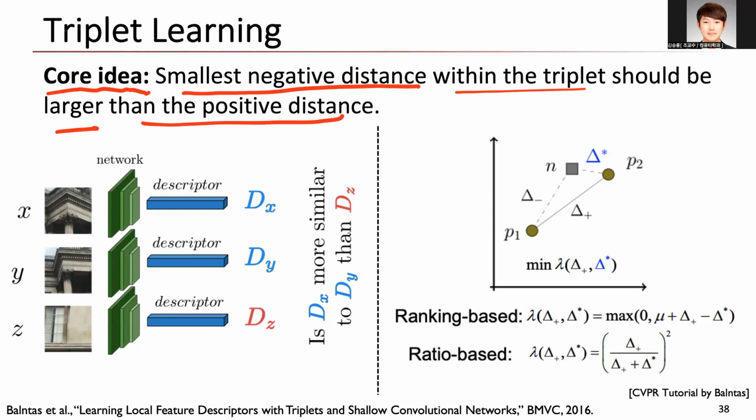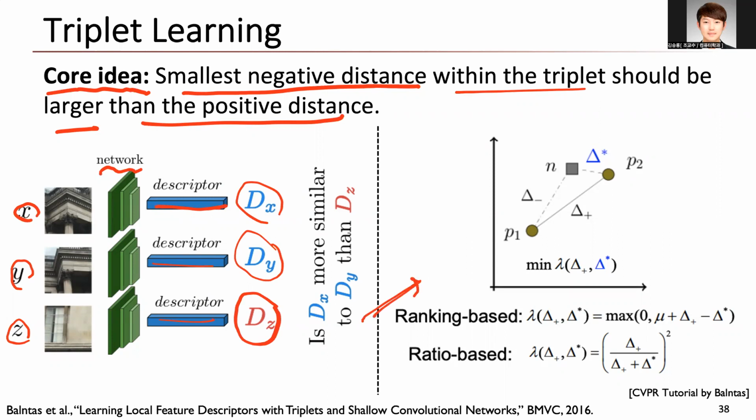So in this paper, given x, y, and z, with a network, we extract the feature vectors dx, dy, and dz, and ask: is dx more similar to dy than dz?